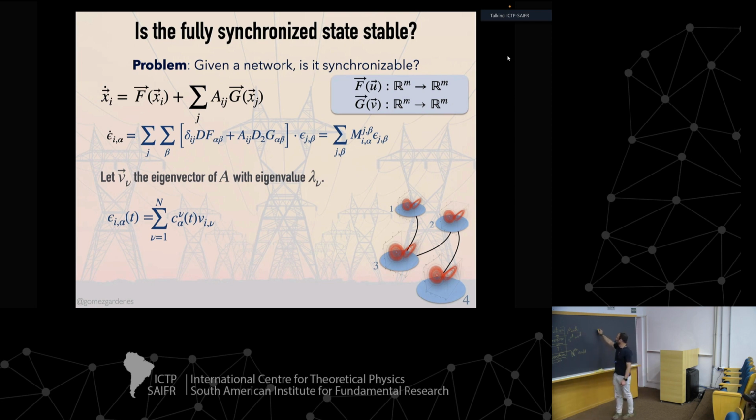I construct a new vector corresponding to alpha equal to 2, because I choose the second component, and I have 1 to n, one per node, an n-dimensional vector. This is okay, I can do it. If this is an n-dimensional vector, I can express it as a function of the eigenvectors of A, and these are the linear coefficients of this linear combination. With this expression, the time derivative is just the derivative of the coefficients, because obviously the components of the eigenvectors do not change in time. These are my basis, my new basis.